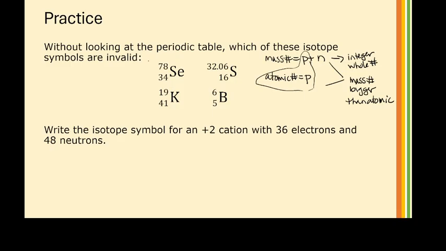This is part of the mass number, so the mass number must be bigger. From that, I see this is bigger and it's a whole number. As far as I can tell, there's no obvious issue with it. But this is not a whole number, and this is not bigger. So that's not proper.